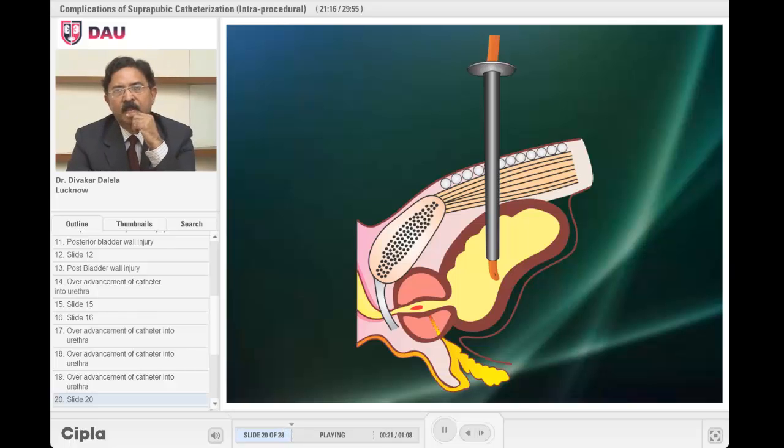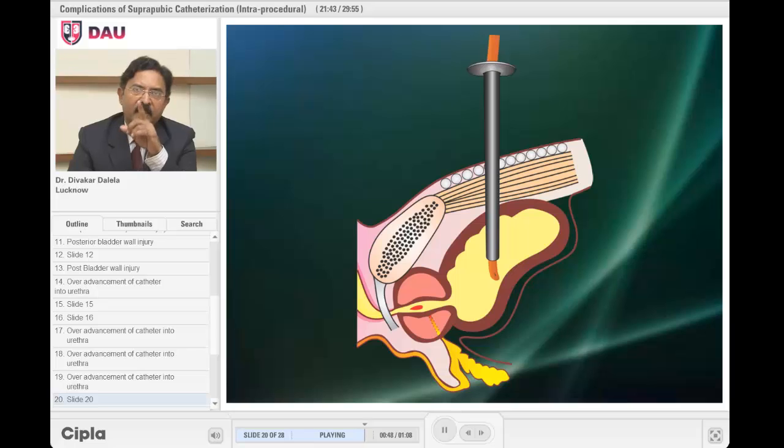I hope you recall when I was showing you advancement of the catheter in the posterior urethra, the slotted side of this cannula was directed towards the penis of the patient, or towards the foot end of the patient. Here what I am saying is, you turn the cannula in a manner that the slotted part is towards the umbilicus of the patient, right?